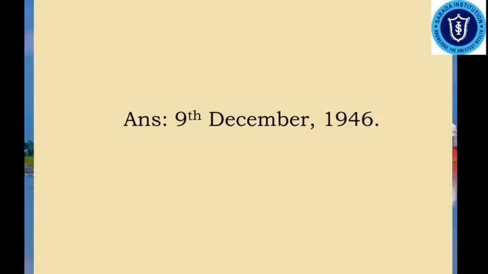That means, which date was the first date for the meeting of the Constituent Assembly? It met for the first time on 9th December 1946. The answer is 9th December 1946. My friends, please put a 5-star mark against this question. This is very sure to come in your exams.